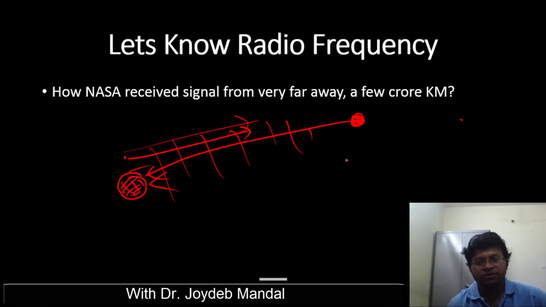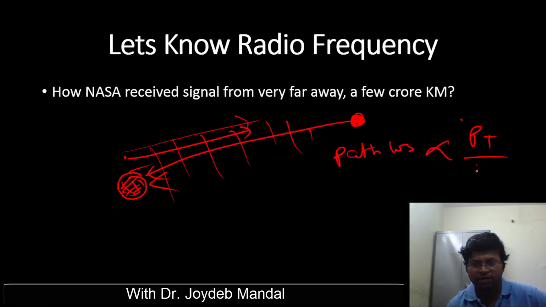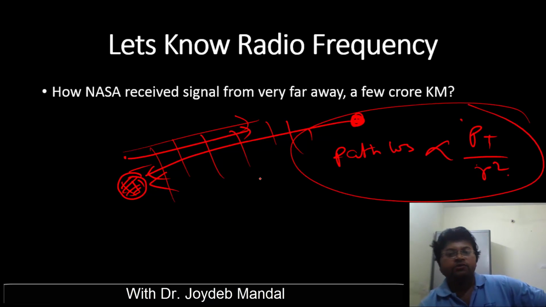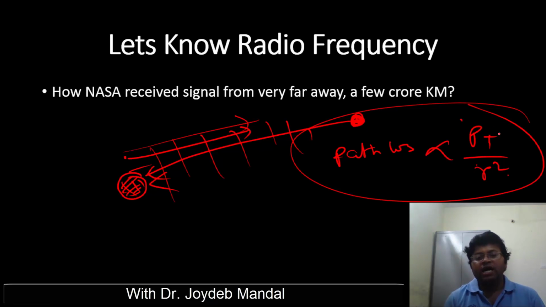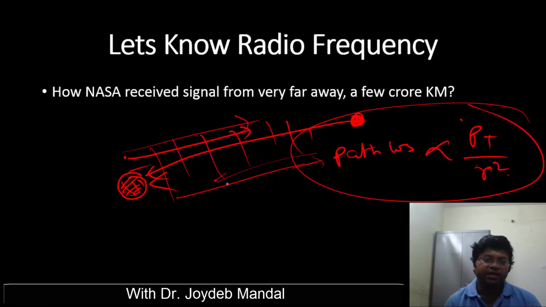Path loss is proportional to transmitted power over R squared, if we consider distance. So PT we can't increase infinitely, and R squared you don't have a choice. Now suppose we sent some signal and got some signal back.